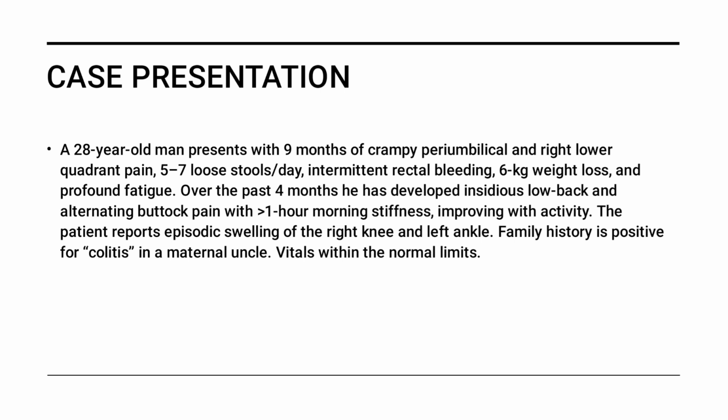Over the past 4 months, he has developed insidious low back and alternating buttock pain with more than 1 hour of morning stiffness, improving with activity. The patient reports episodic swelling of the right knee and the left ankle. The family history is positive for colitis and maternal arthritis, and vitals are within normal limits.